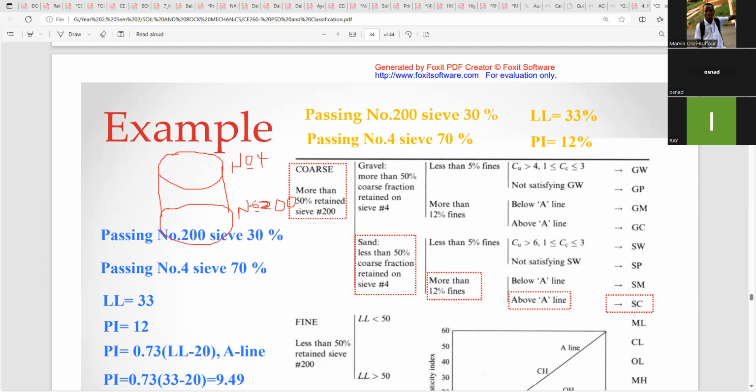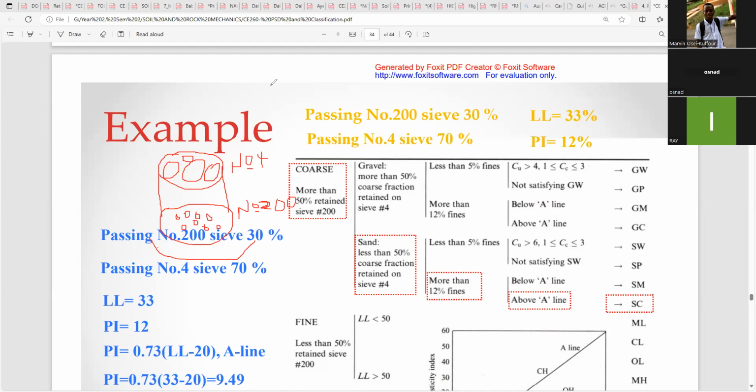Okay. So the sieve number 4, as I said earlier, has very large diameter of holes, very large ones. Okay. And the sieve number 200 has very tiny holes in them. Okay. So this illustration is just giving you an idea of how the sizes look. And beneath that, we put a pan under it to receive the fines that will go through sieve number 200. Okay.